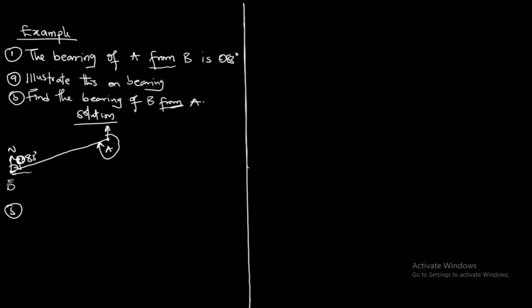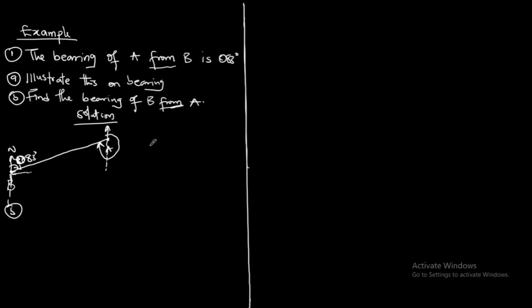Now note, the north lines of two points are parallel to each other. So it means these two lines are parallel. Even if extended, both of them will continue moving upward or downward without touching each other.